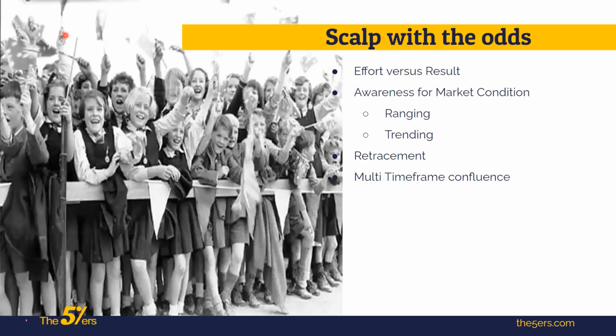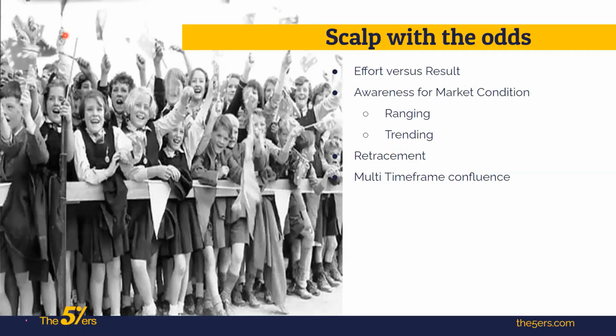In order to achieve a high success rate, greater than 67%, we have to play with odds. We have to know what the market bias is. We have to understand the direction of the market in terms of multiple time frames.